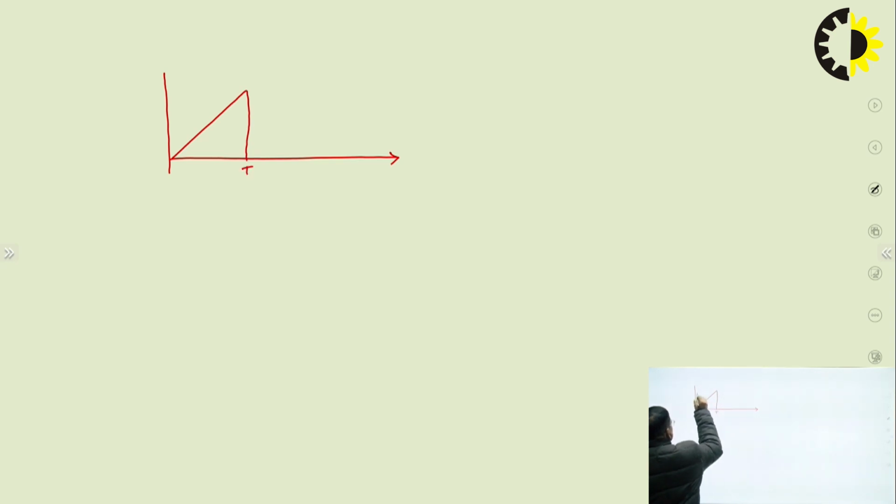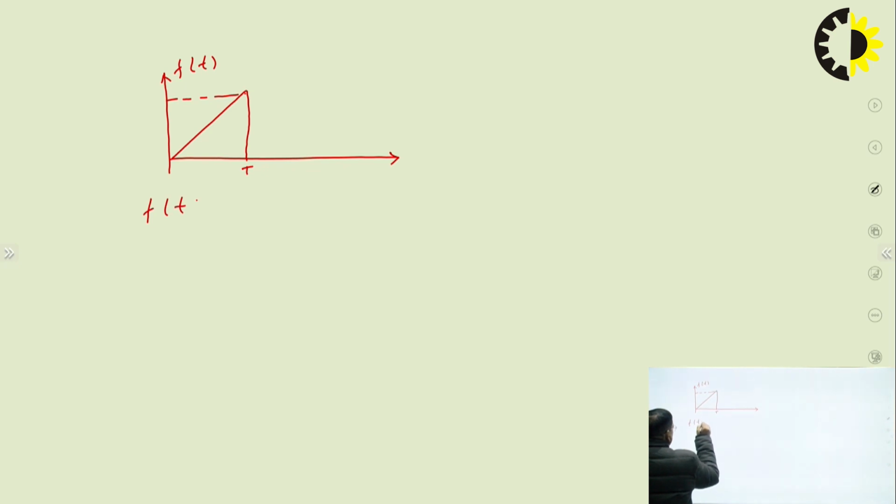Suppose this is the wave shape and we have carried out the waveform synthesis of this function using the singularity functions. So now we just use this function by gate function. So here we can write the expression of this function.